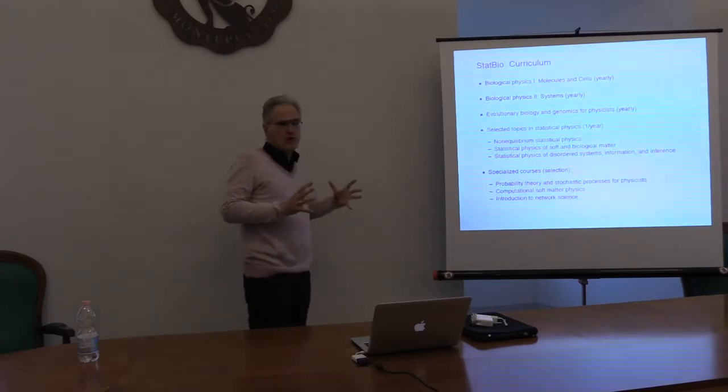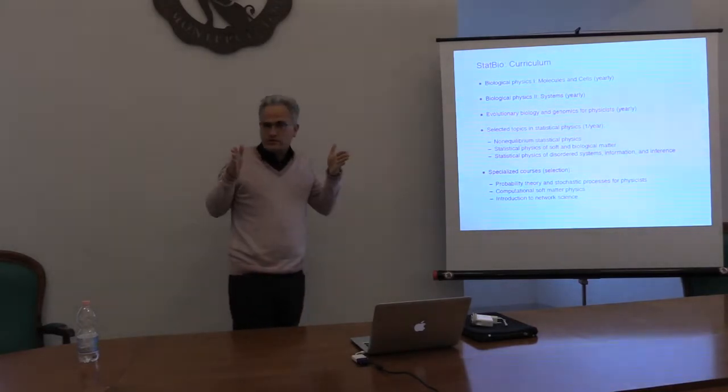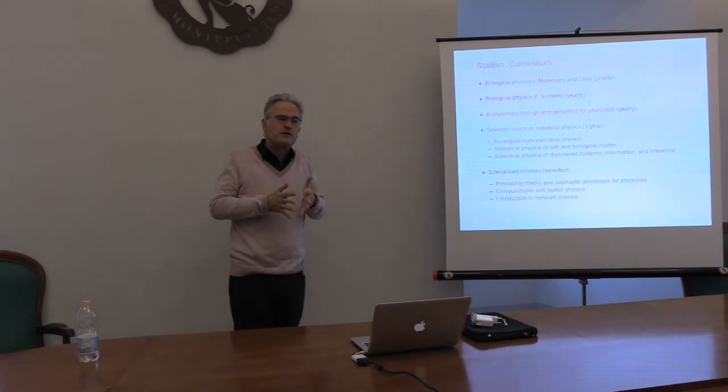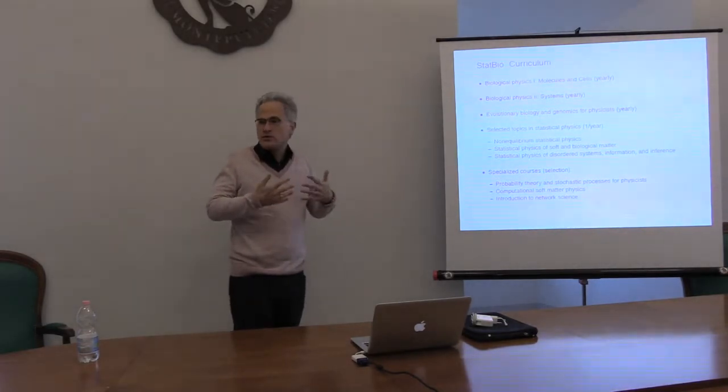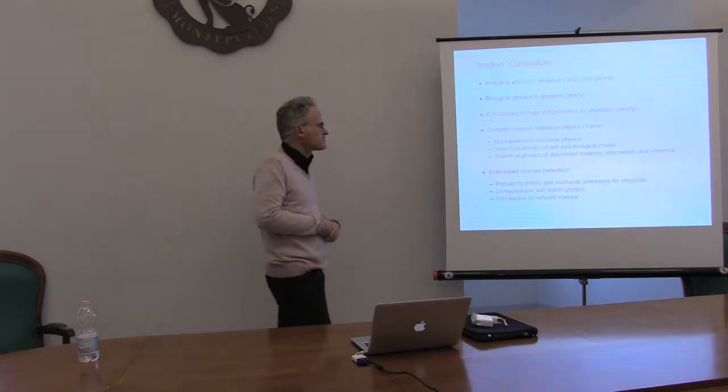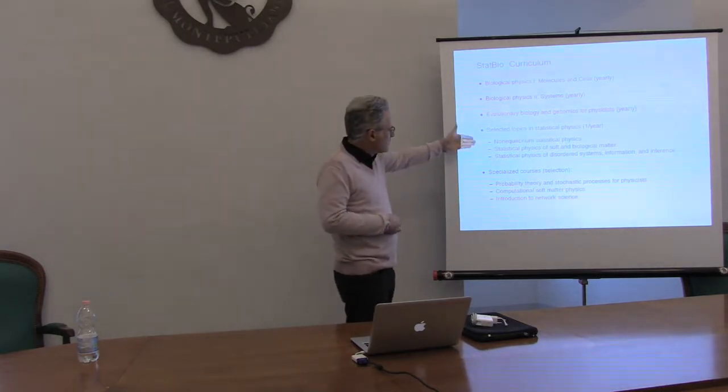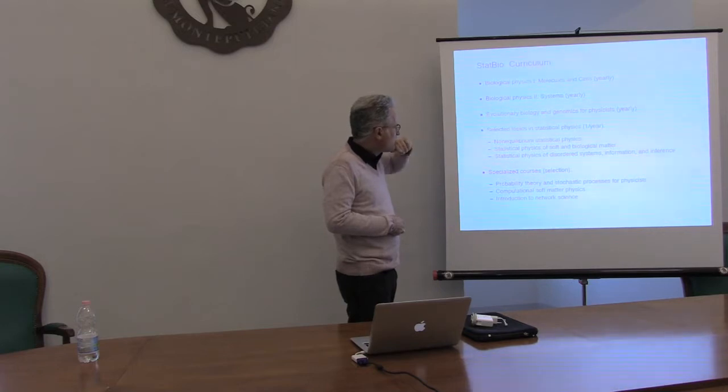But of course, we also wanted the education not to be too narrow. We wanted people that have taken a master's degree with us also to go on to work in other fields of statistical physics. So therefore, there's another course which is called Selected Topics in Statistical Physics, of which one of these 3 courses is taught every year.